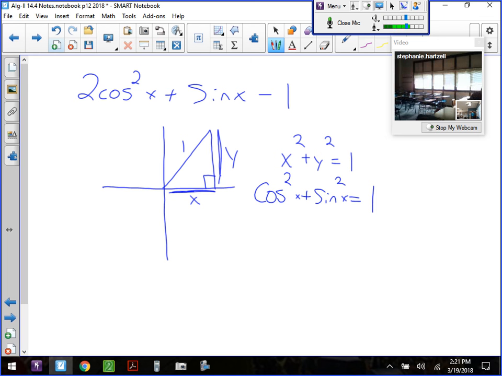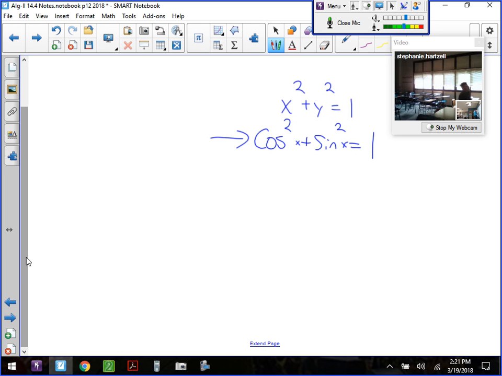This is actually called a Pythagorean identity. If I want to get cosine squared by itself, what would I do? So I can say that cosine squared x equals 1 minus sine squared.